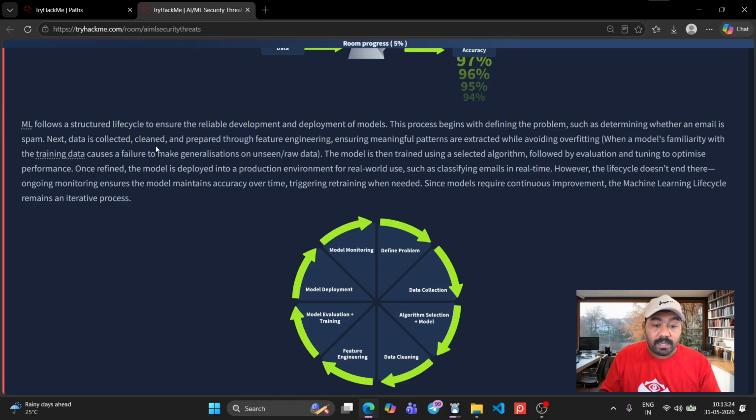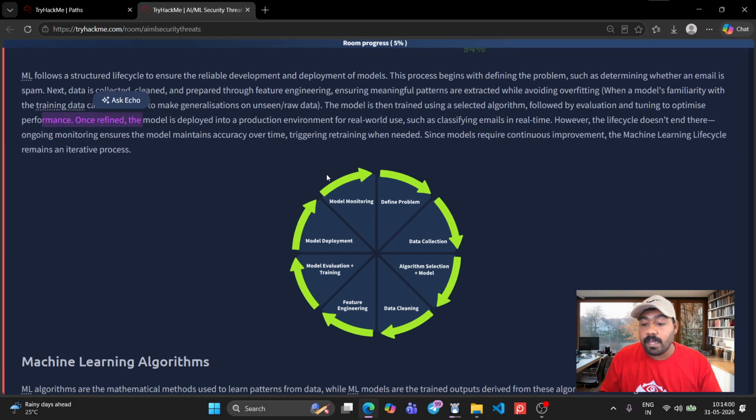Next, data is collected, cleaned, and prepared for feature engineering, ensuring meaningful patterns are extracted while avoiding overfitting. So that is when a model's familiarity with the training data causes failure to generalize to unseen raw data.